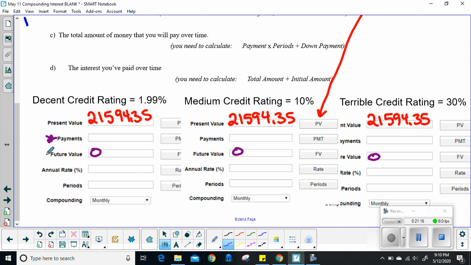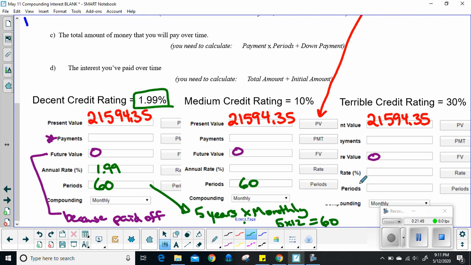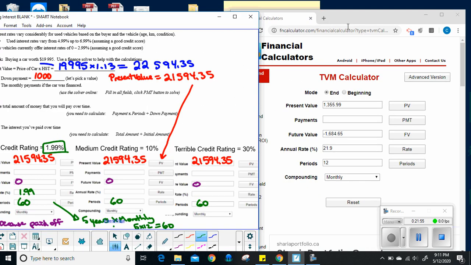Our annual interest rate is the one we're going to change each time. We're going to start with 1.99%. For our periods, let's say we're doing this for 5 years with monthly payments. That's a typical car loan. So 5 times 12 is 60. Each one of our questions will have 60 periods, so the only thing we really need to change is our interest rate.